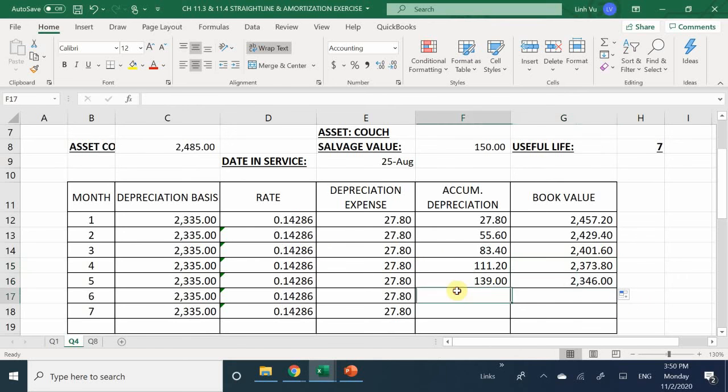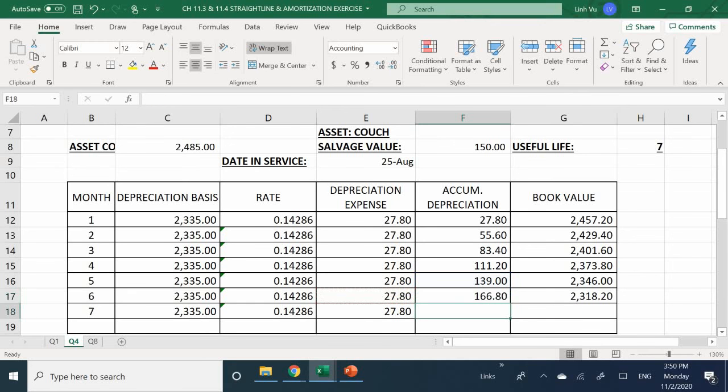All right. Let's do the accumulated depreciation for year 6. And we have 139. So I have $166.80.